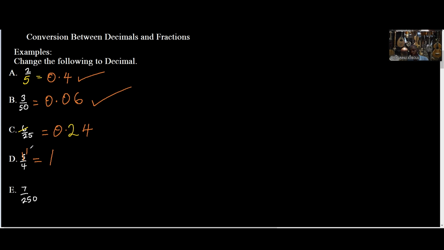How many 4s are in 10? Two. That's 8, right? So you have 2 remaining. So put a 0 again. That's 20. How many 4s are in 20? Five. Does it have any remainder? No. So this is the answer.